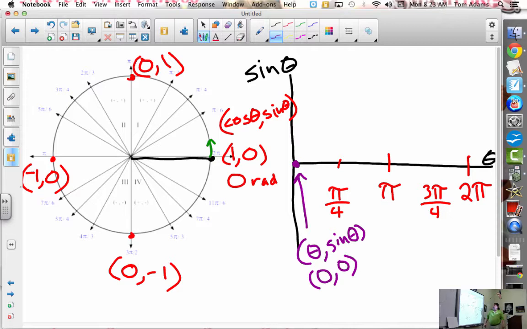So now at pi over 2, why did I write 1/4? It should be pi over 2. This should be pi over 2. And then this one over here should be 3 pi over 2.